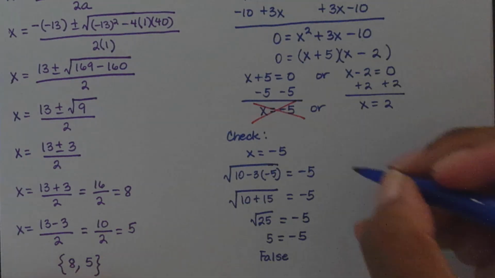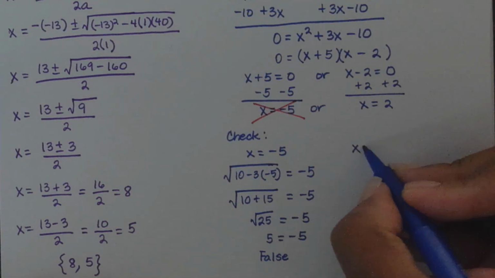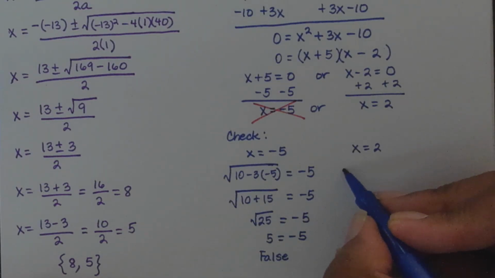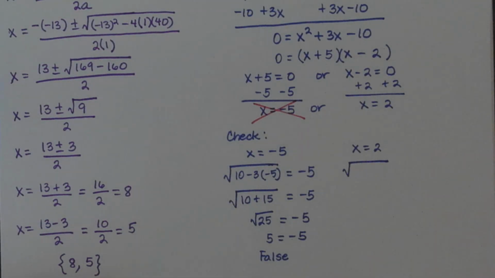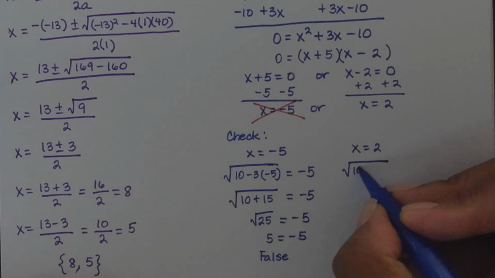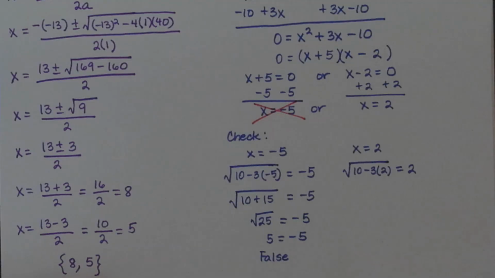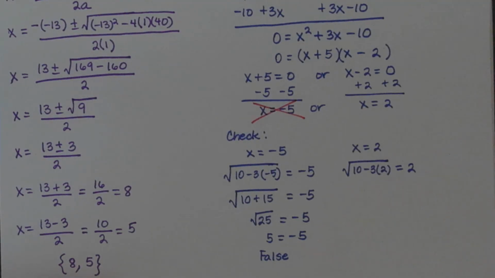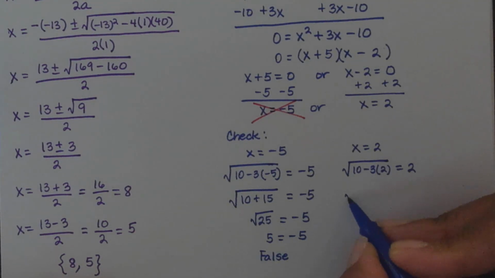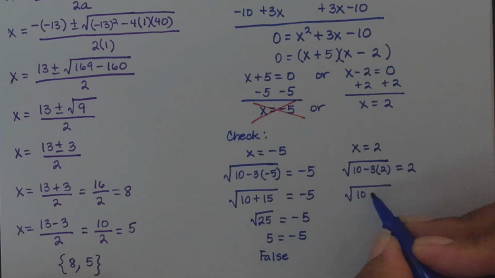And also, to be on the safe side, let's check for x equals 2. Again, using the original equation, we got the square root of 10 minus 3 times x, which is 2. Want to know if that's going to be equal to 2 when I simplify it. 3 times 2 is 6.